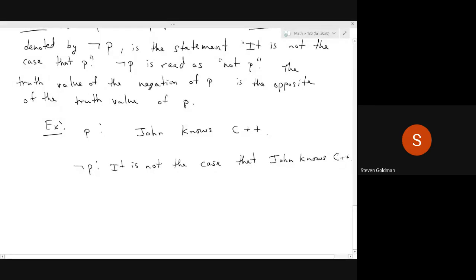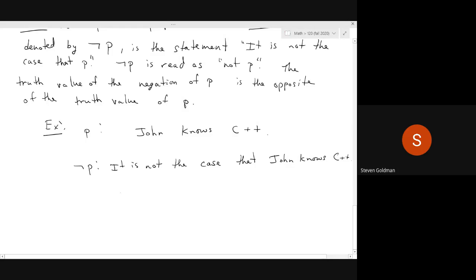So when we write down this sentence, I initially wrote it down this way based on the definition, but we can actually simplify. A lot of times in English, I can say the same thing in multiple ways. It's true almost in any language. So I can simplify not P. This is the same thing as saying John does not know C++.